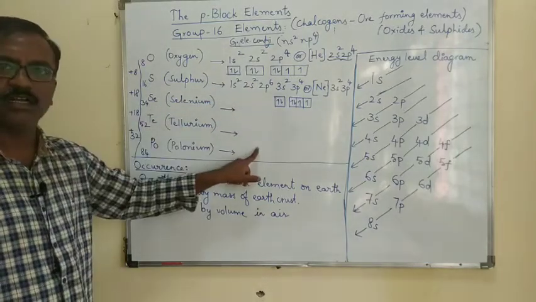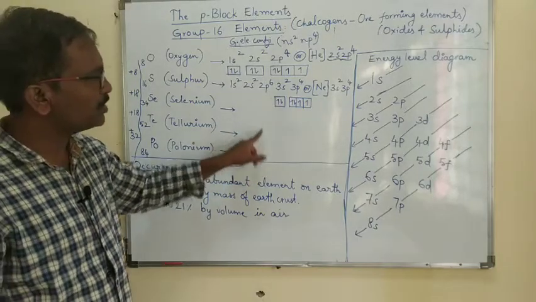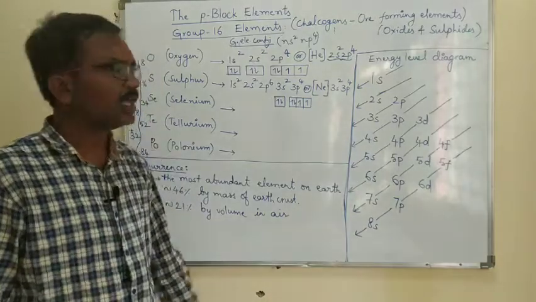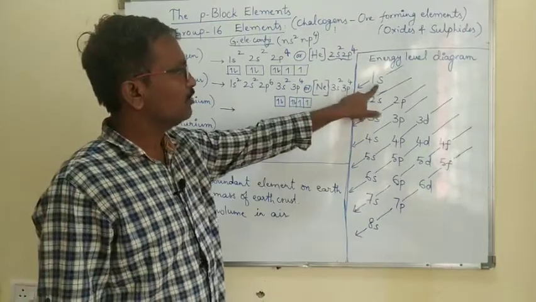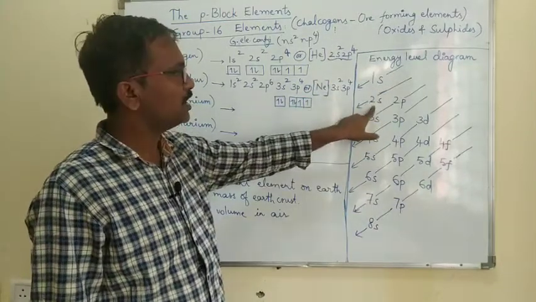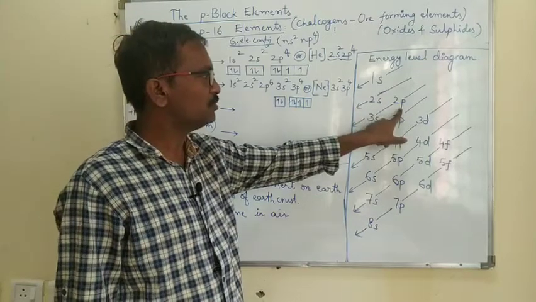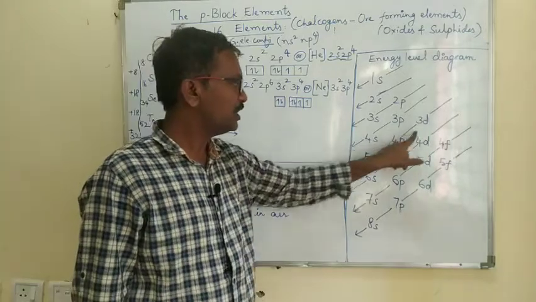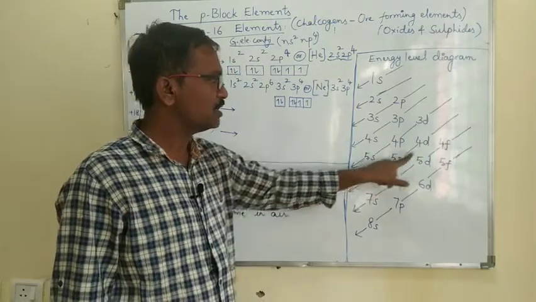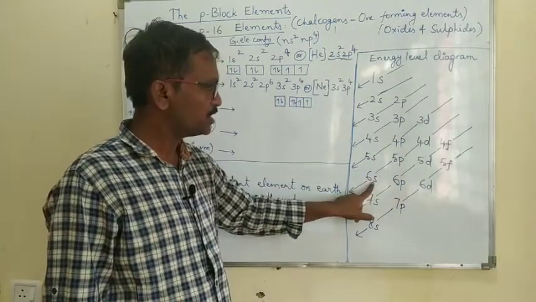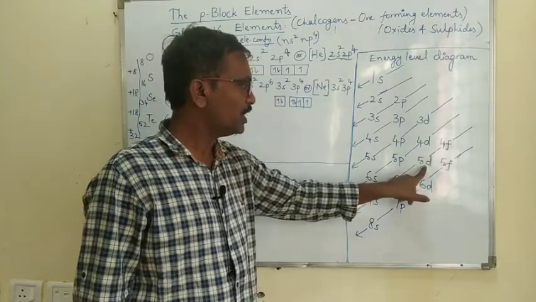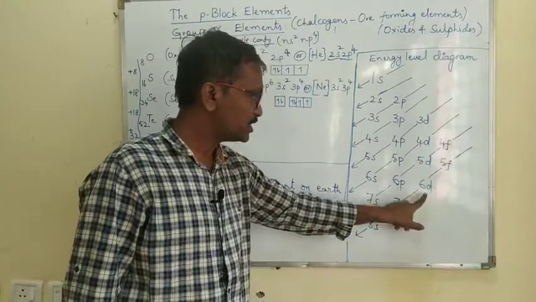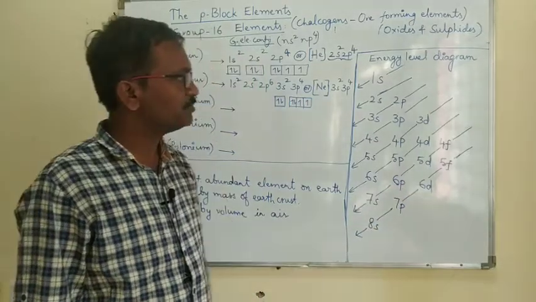This one is the homework. How do you write the electronic configuration? I have given the Moeller diagram, the energy level diagram. First electron goes to 1s, then 2s, then 2p, then 3s, 3p, 4s, 3d, 4p, 5s, 4d, 5p, 6s, 4f, 5d, 6p, 7s, right? 5f, 6d, 7p, 8s, right?